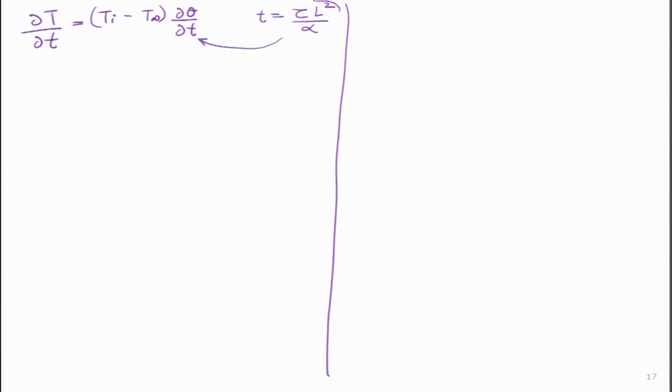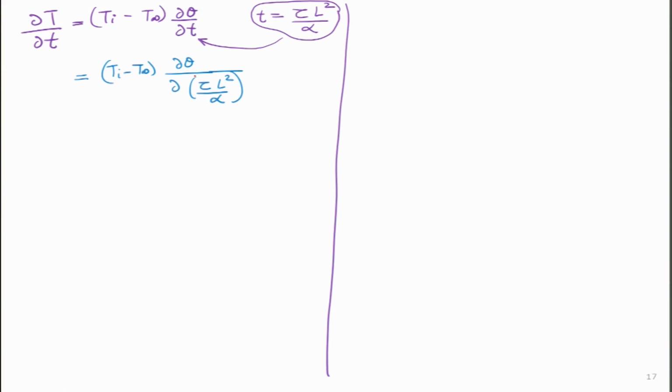How did I get this relationship? This is simply the definition of Fourier's number. So I am just writing it from the previous slide, so don't get confused. I am going to incorporate this in the denominator. So what I get over here is del theta divided by del tau L square by alpha.